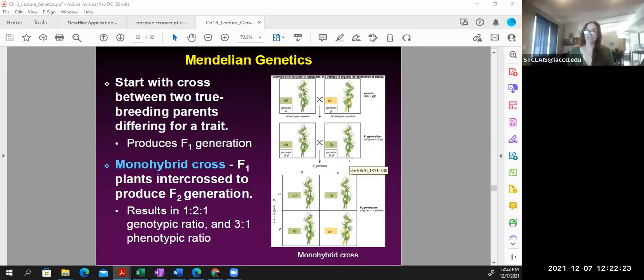Now, the gametes that these individuals from the F1 generation can contribute are going to be either big G or little g. Since they have both types, they can create gametes, or reproductive germ cells, that give one type or the other. Okay, so that's why we see the segregation of traits in the F2 generation.